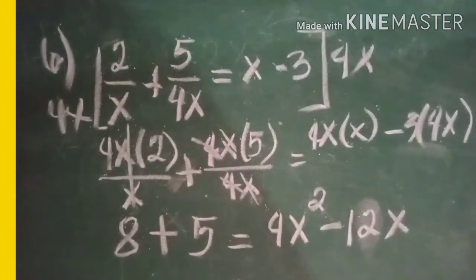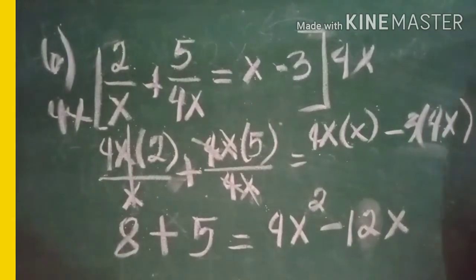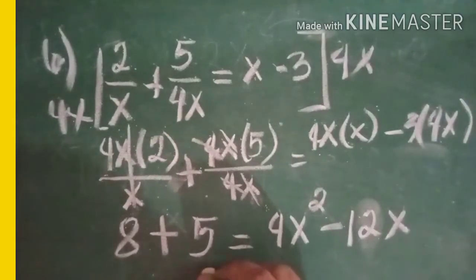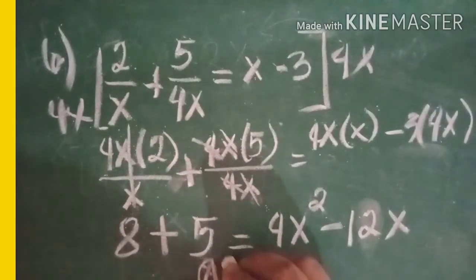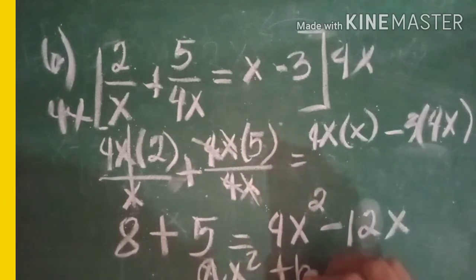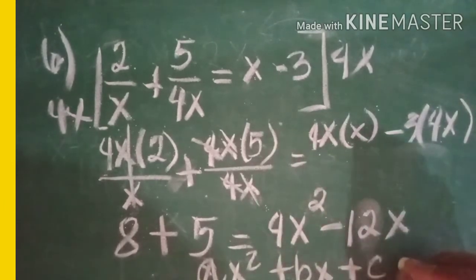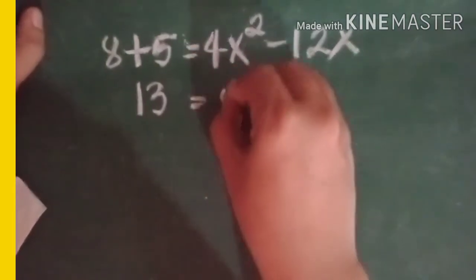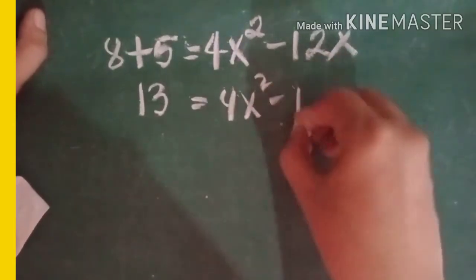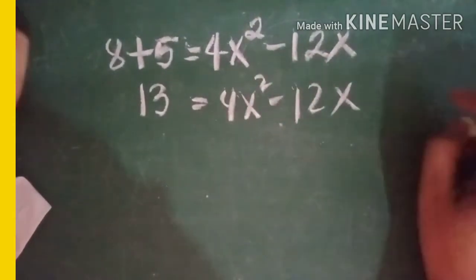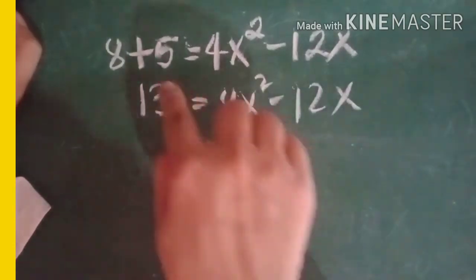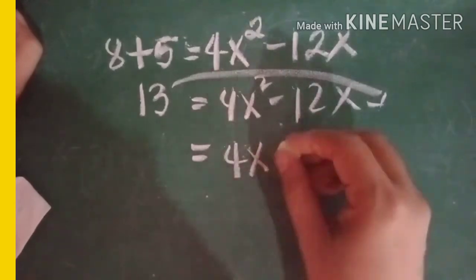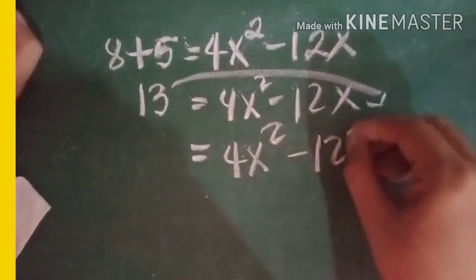Okay, and then, isi-simplify natin ang equation. 8 plus 5 equals 4x squared minus 12x. Gagawin natin standard form. Okay, into the form of ax squared plus bx plus c equals 0. Okay, 8 plus 5 is 13 equals 4x squared minus 12x. Okay, so ang gagawin natin, since nasa right side ang mga variables, lilipat natin yung 13 sa my right side. So, 4x squared minus 12x.